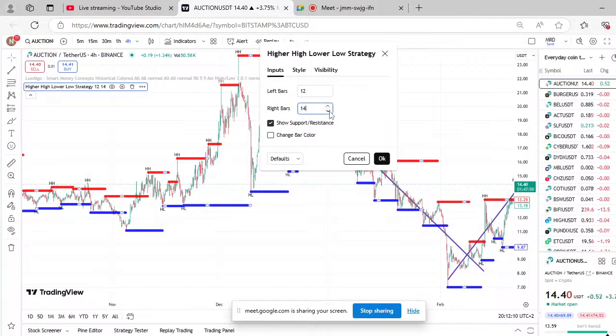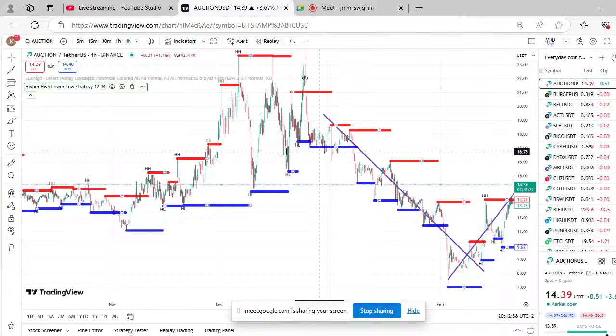Okay, let us reduce them to, let me see, 14. Yes, I think 14 is the best. Let's go with the 12 and 14, and we click save as default, and we click OK.